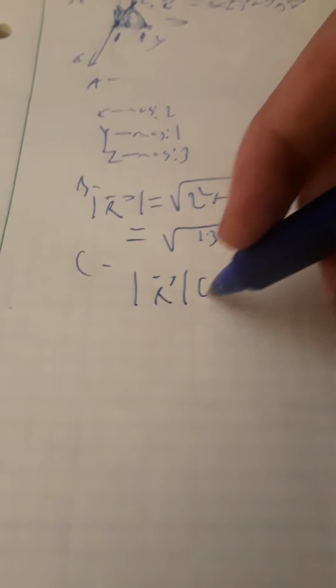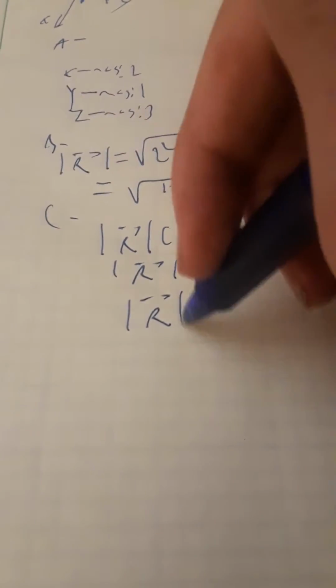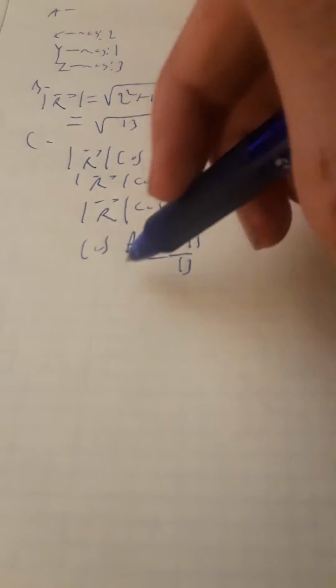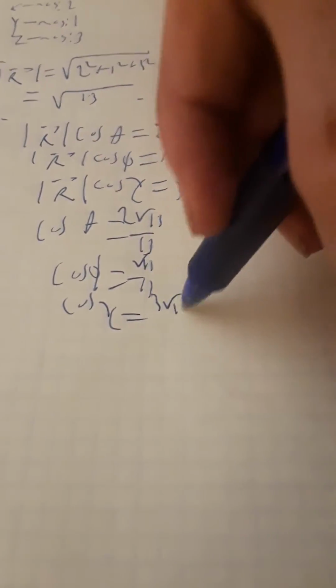By inspecting the diagram, these numbers look familiar. They're the x, y, and z magnitudes. So we say the cosine of theta is equal to 2 root 13 over 13. Cosine phi is equal to root 13 over 13. And the cosine of gamma is equal to 3 root 13 over 13.